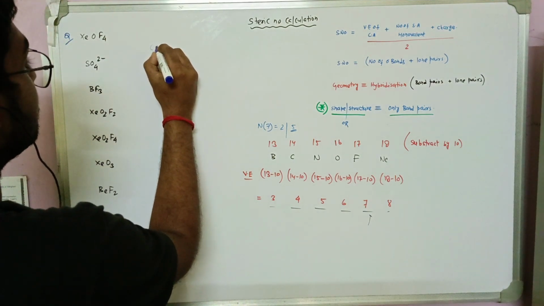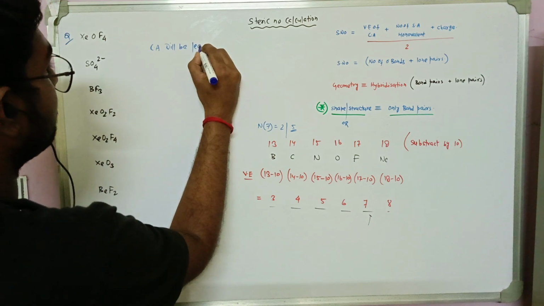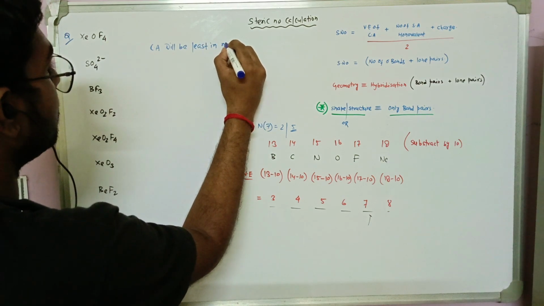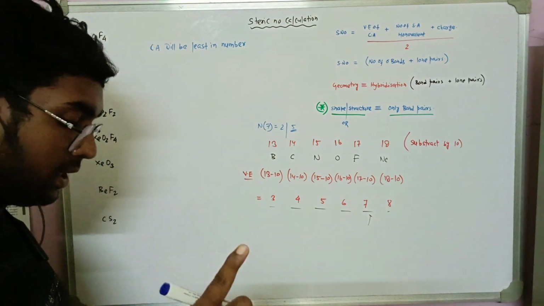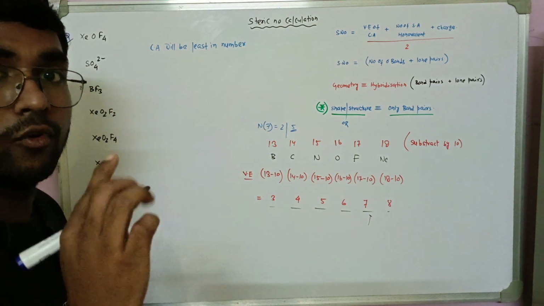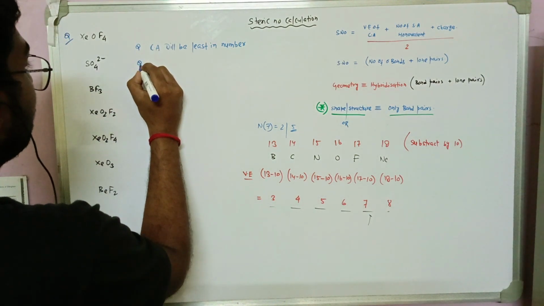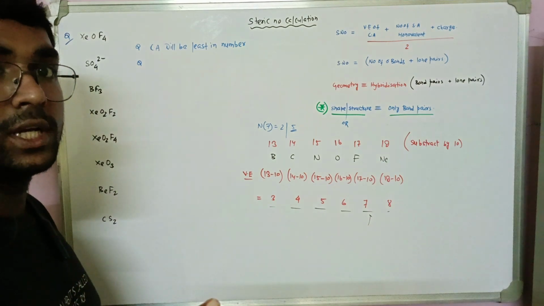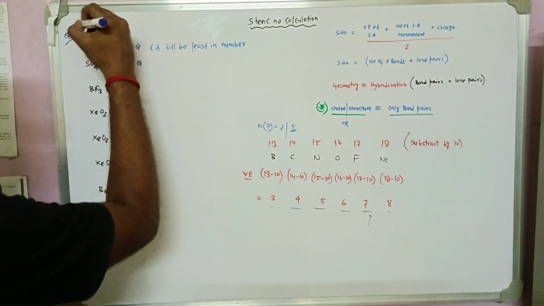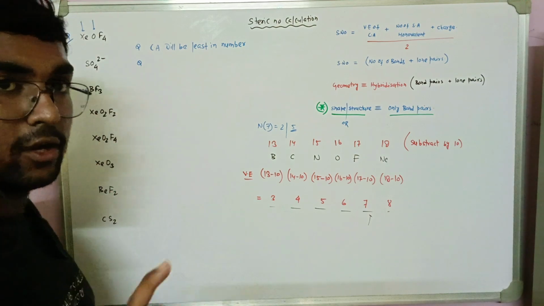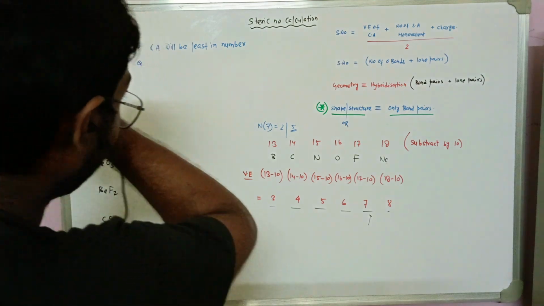First of all, the central atom will be least in number. In most of the cases you will find the central atom is in number 1, because in methane the carbon is 1 and there are 4 hydrogens, so the central atom is the carbon. If there are two atoms which are in the least number, like in XeOF4, here xenon and oxygen are both one in number, but fluorine cannot be the central atom in this case because there are 4 fluorines.